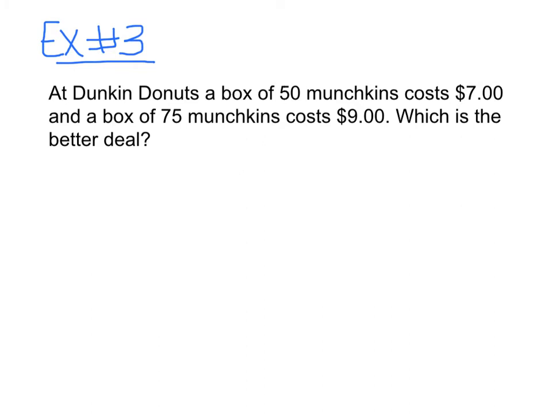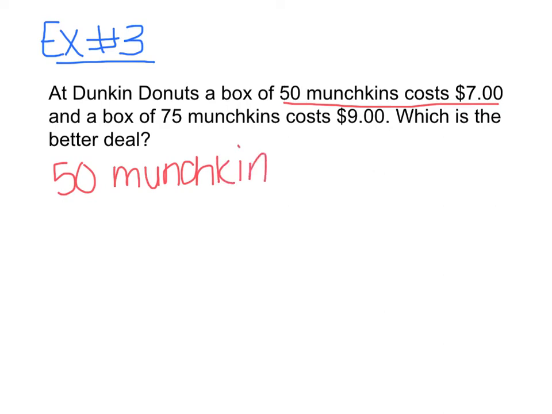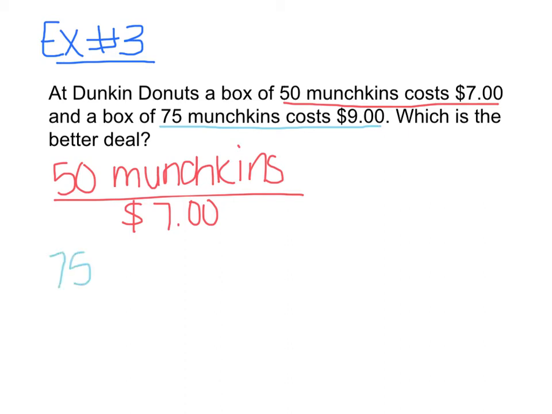Example number 3. At Dunkin' Donuts, a box of 50 Munchkins costs $7. So 50 Munchkins, $7. And a box of 75 Munchkins costs $9.